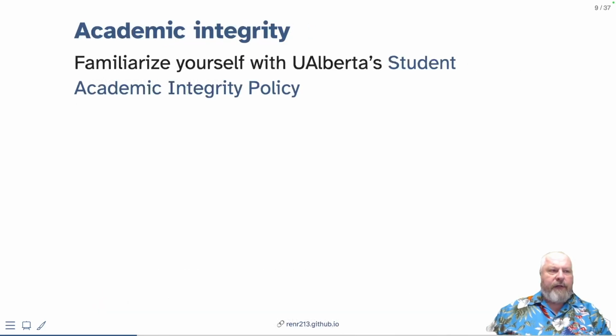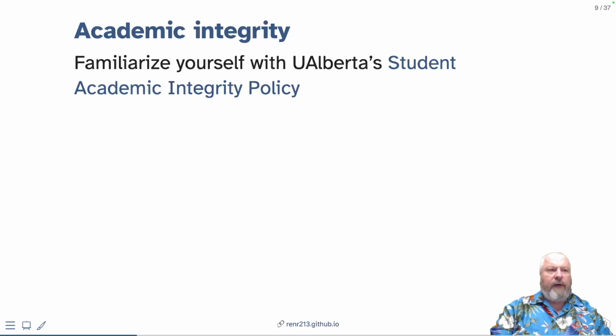The University of Alberta's student academic integrity policy contains a bunch of information about cheating and academic integrity and the policies and procedures that come into use when some sort of academic dishonesty has been detected. Basically, I don't want you to cheat.